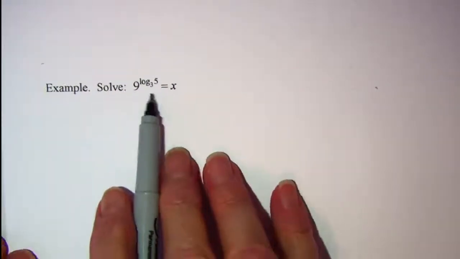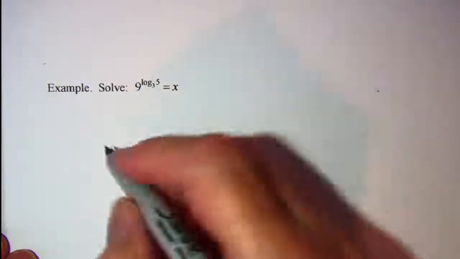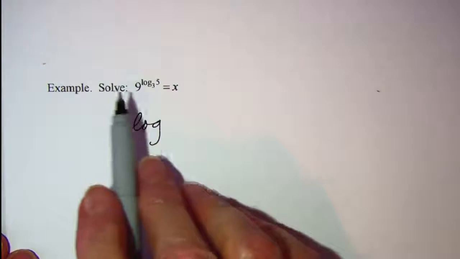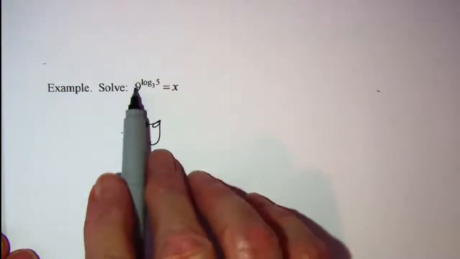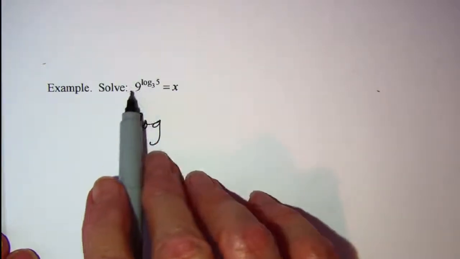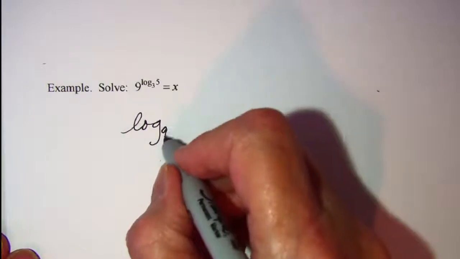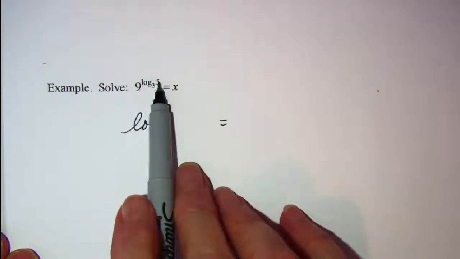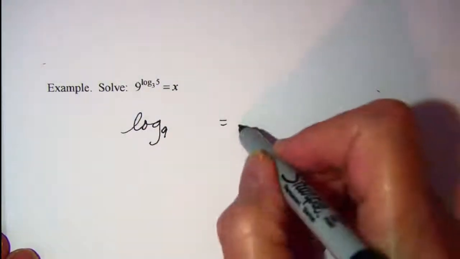Again, we have an exponential. I'm going to change it to a logarithm. So I'm going to write log. The base of my logarithm is the base of the exponential, which is 9. My exponent, which is this whole thing right here, is what my log is equal to.